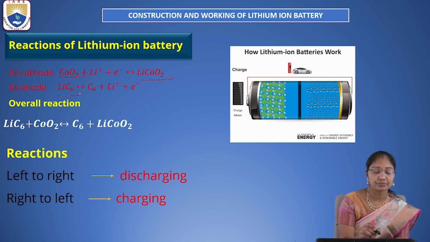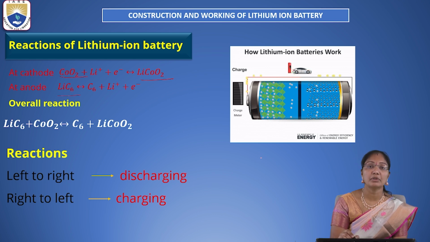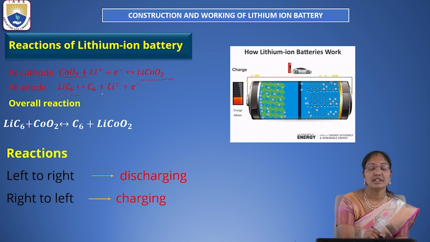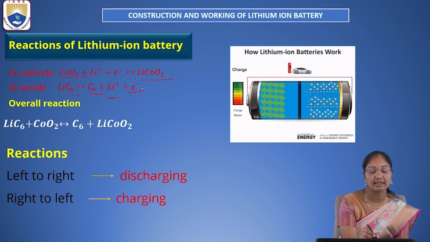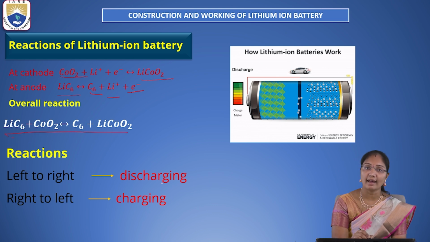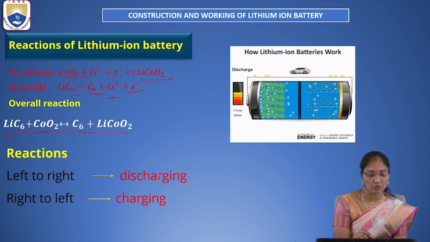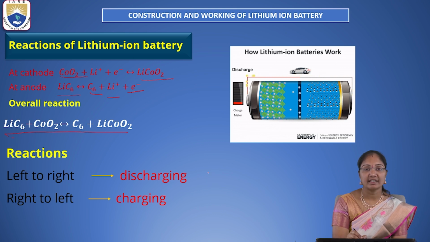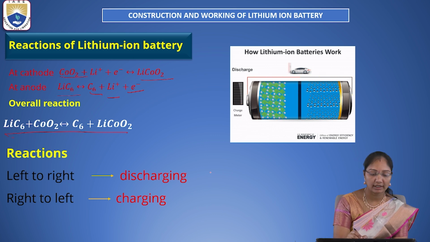At the anode, LiC6 gives rise to C6 plus positively charged lithium ions as well as negatively charged electrons. So the overall reaction is LiC6 plus CoO2 gives rise to C6 plus LiCoO2.